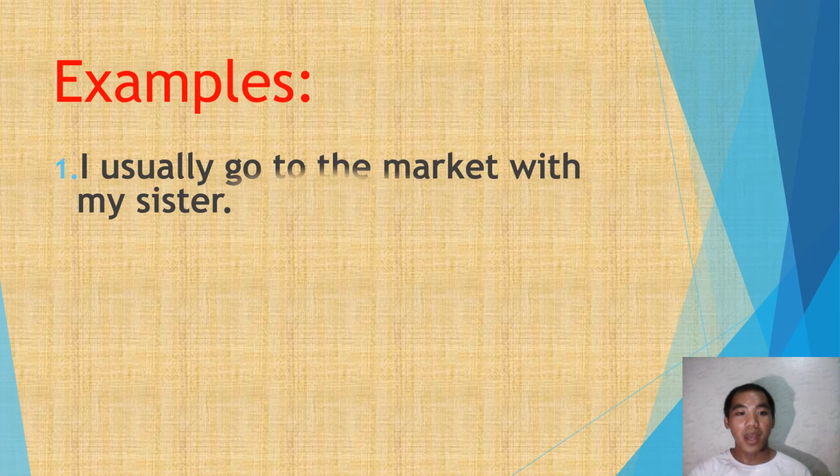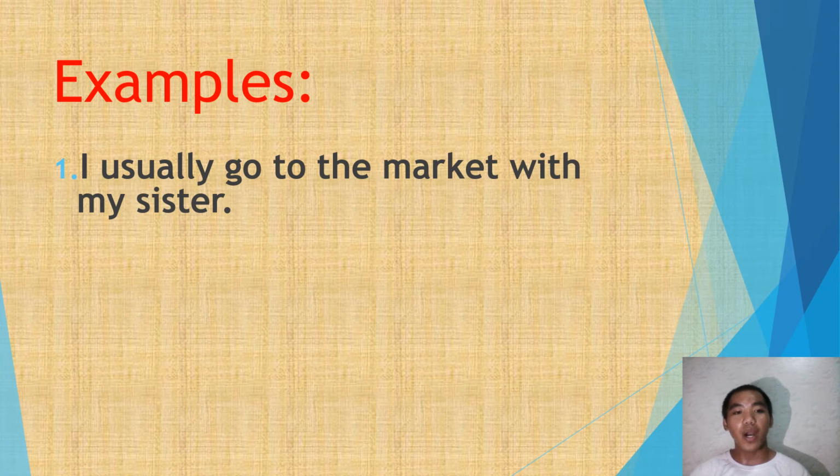Number one, I usually go to the market with my sister. Okay, it could be that you go to the market, but it's not every day. It could be every other day. It's not every day like always.